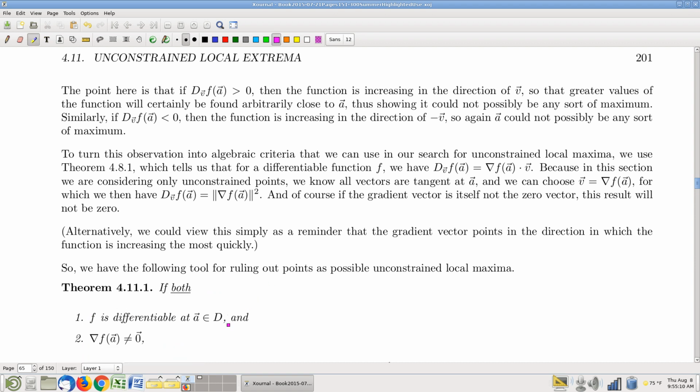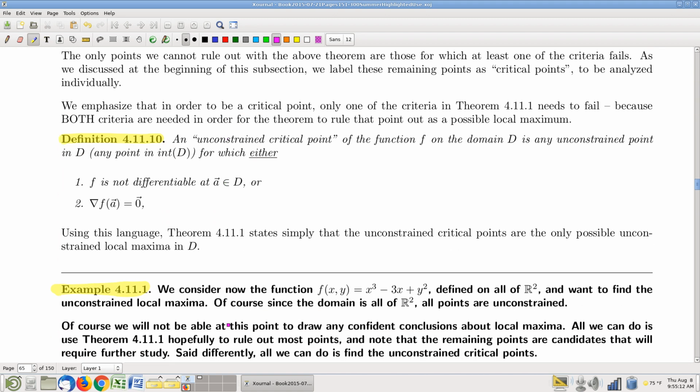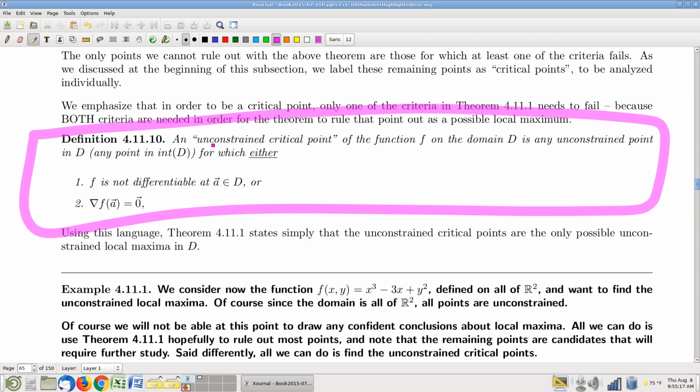And if either one of those fails, I don't know anything. And this gives us our formula for critical points in the interior. If the function fails to be differentiable, we don't know anything, critical point. If the gradient is the 0 vector, we don't know anything, critical point.